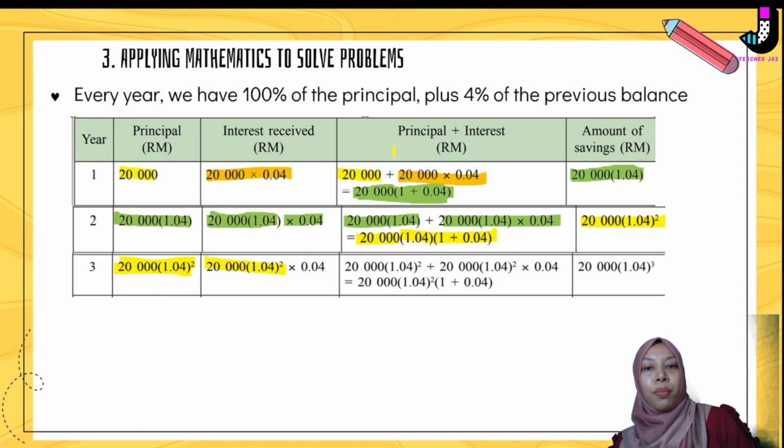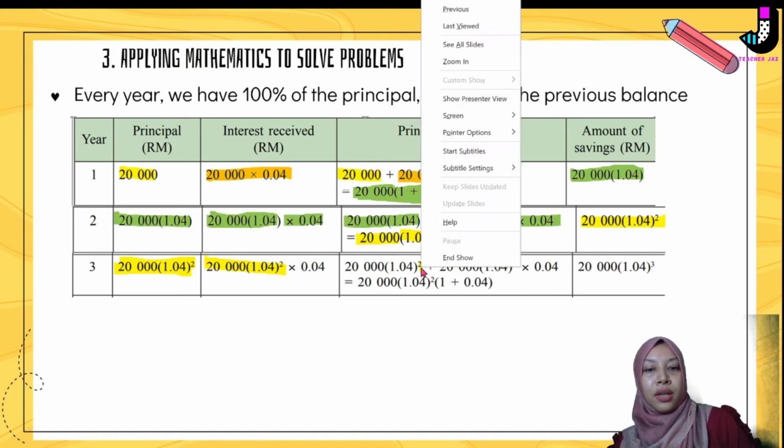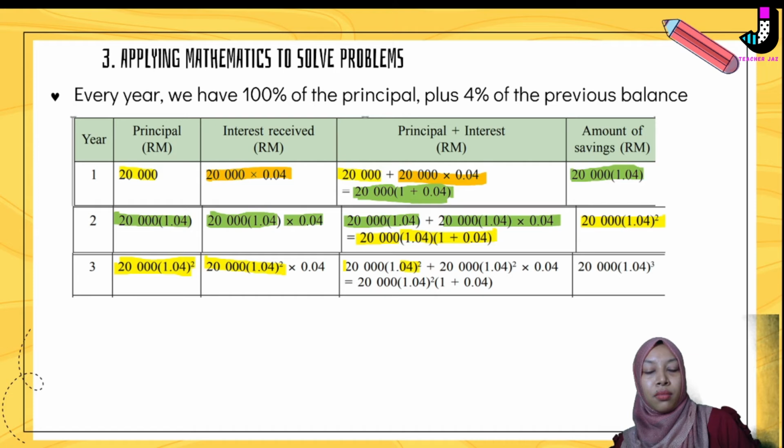Okay, so principal plus the interest, you will get. Here is the principal, plus the interest. The interest is here.